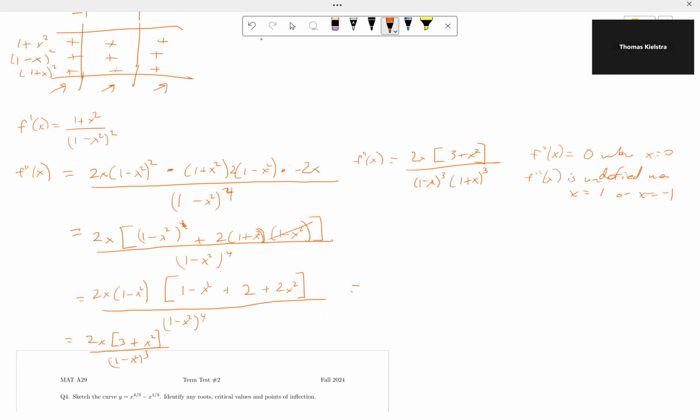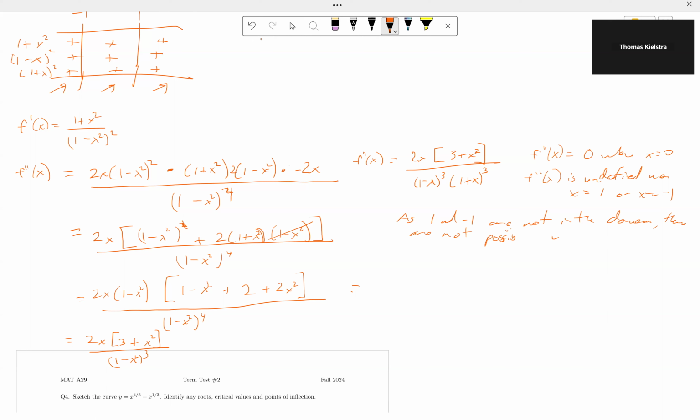Okay. As 1 and minus 1 are not in the domain, they are not critical values or possible points of inflection.